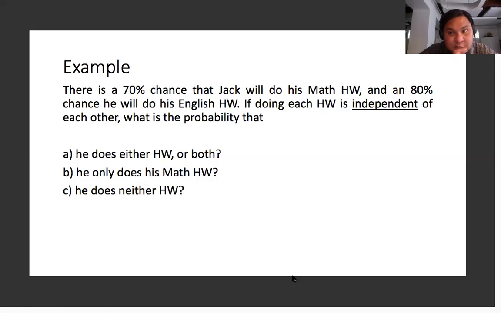The two probabilities do not affect each other. So we have the same set of questions. Do we actually get the same set of answers? Let's try to see. If you would like to work this out on your own, you may pause the video first, and when you're ready, unpause the video and check your answers.